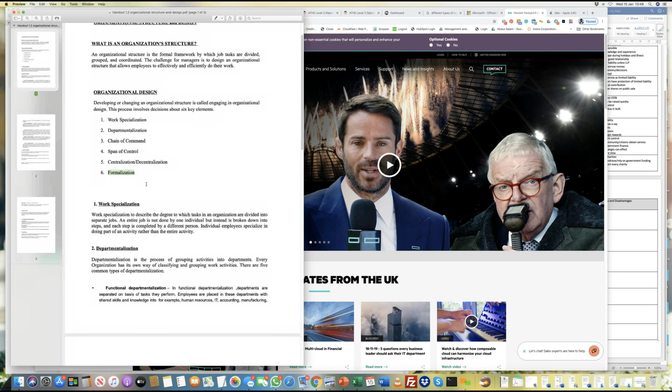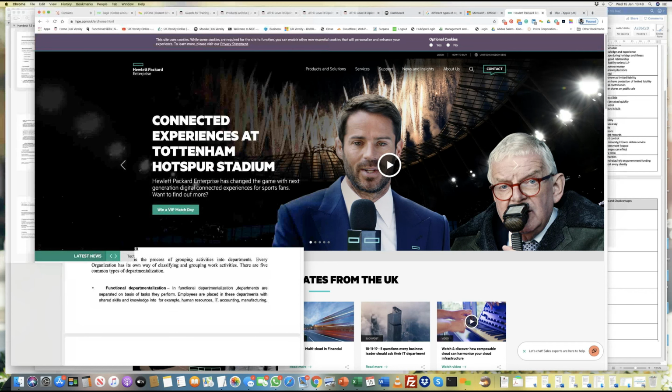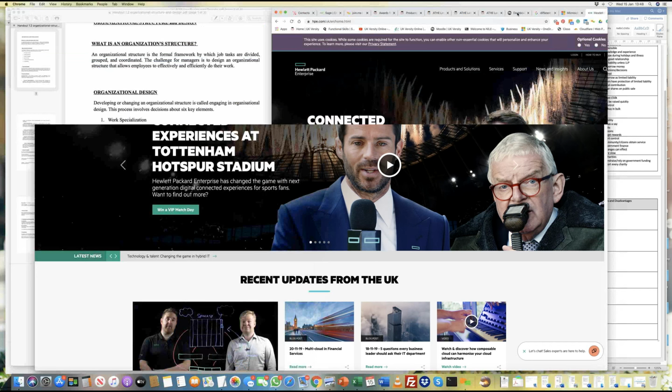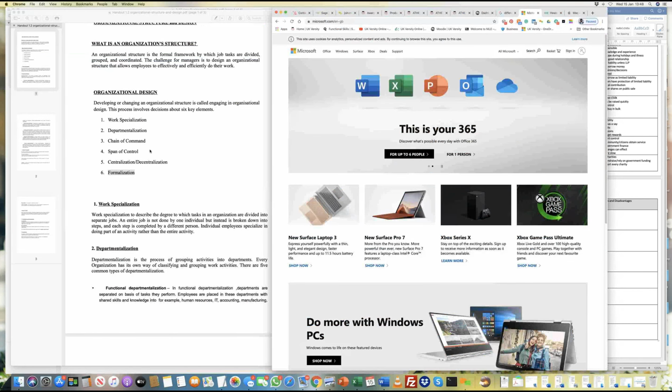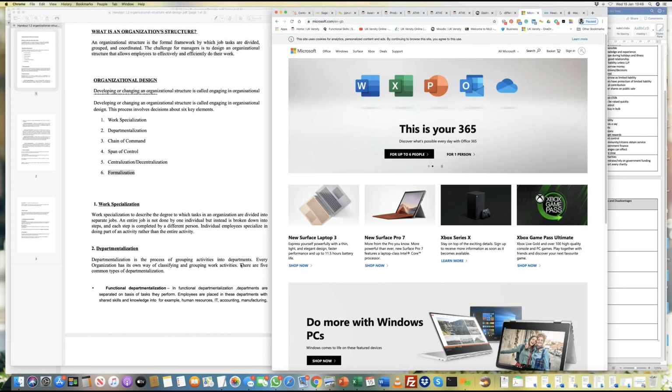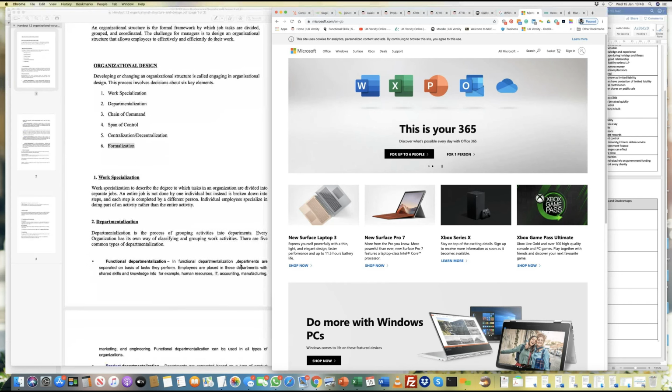When you look at these attributes and these types of structures, you would be able to place Microsoft very clearly in a kind of structure. Microsoft would be in what kind of structure? It could be departmentalization, yes, definitely.